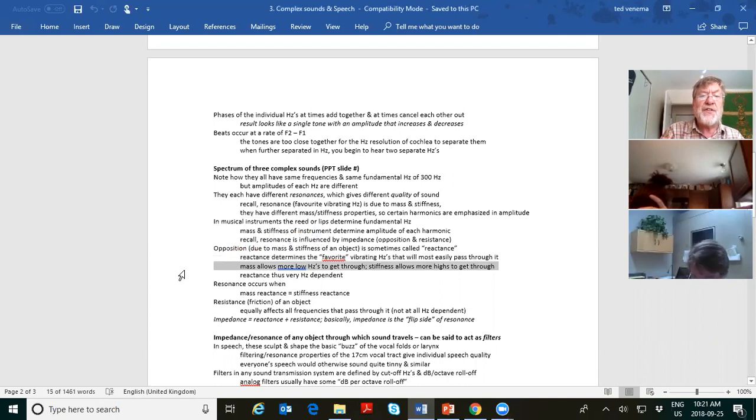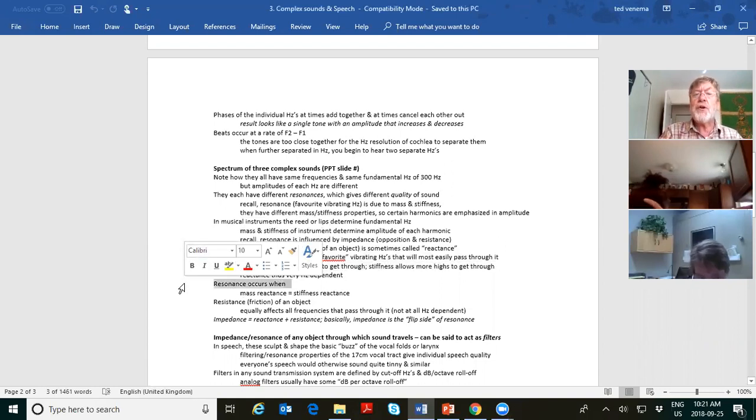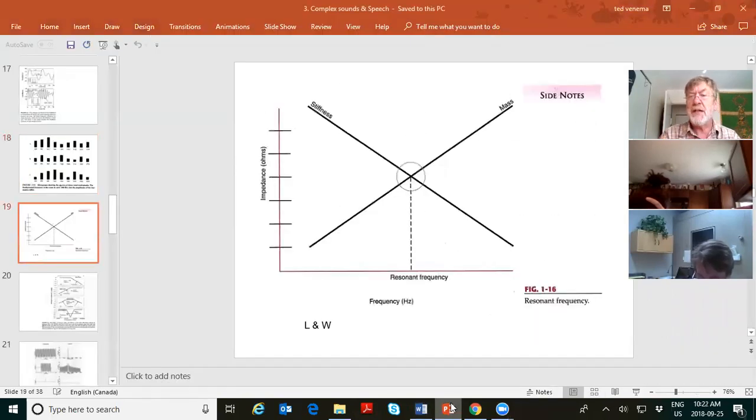So reactance is very frequency dependent. Resonance occurs, as we said 2 weeks ago, when the mass reactance equals the stiffness reactance. That's a picture out of your textbook, figure 116. Resonant frequency occurs when the impedance due to stiffness is equal to the impedance due to mass. That's the resonant frequency of an object.